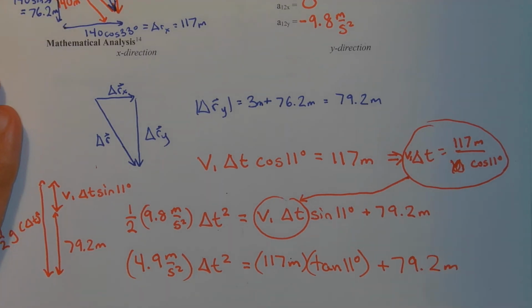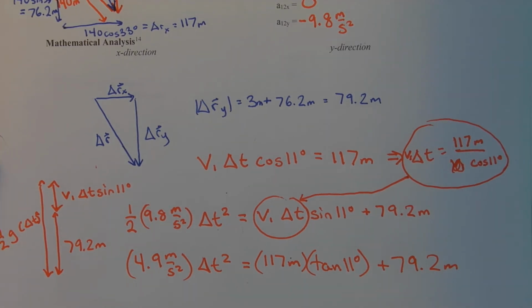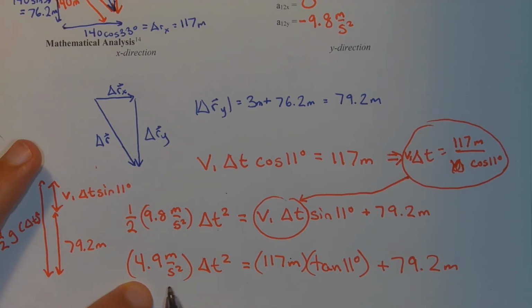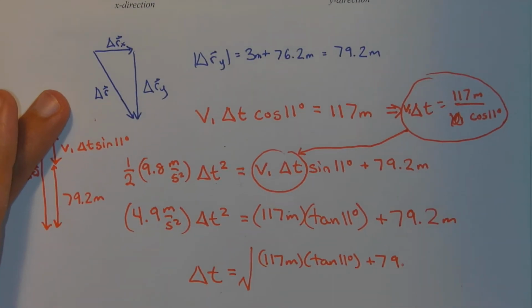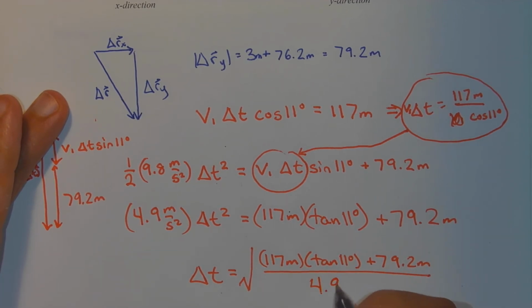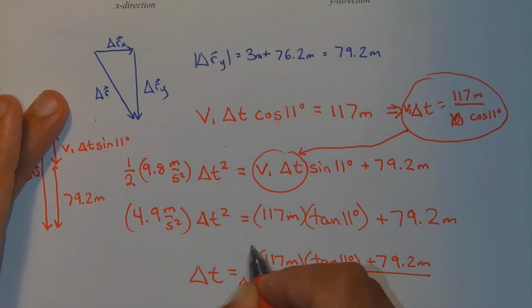And this is beautiful because I'm not even going to have to use the quadratic equation here. I can just solve for delta t by dividing both sides by 4.9 and taking the square root. So delta t is equal to the square root of 117 meters times tangent of 11 degrees plus 79.2 meters, divided by 4.9 meters per second squared.